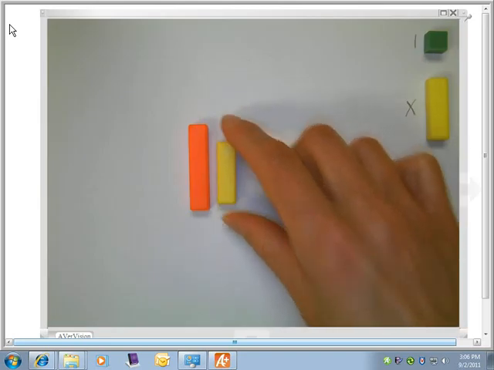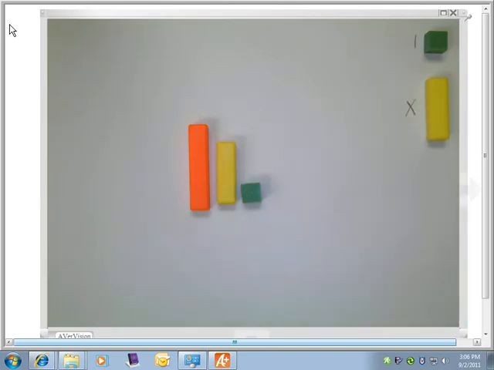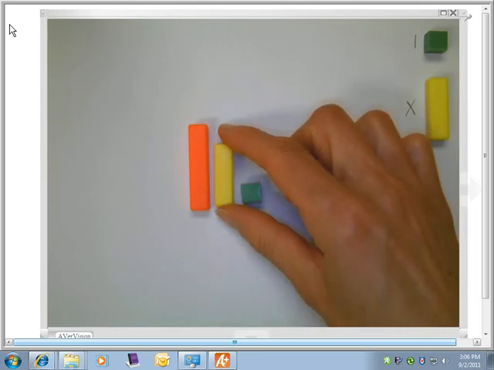What about our orange? Well, we can see that our orange is definitely longer than our yellow, which we called x. But it's certainly not 2 yellows.